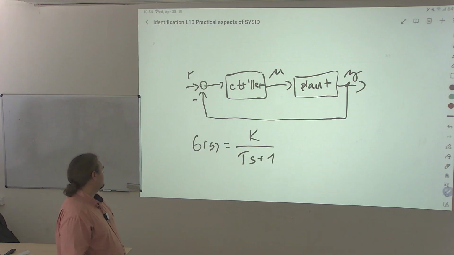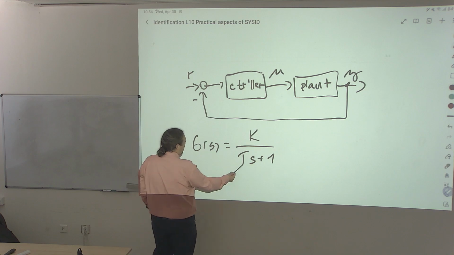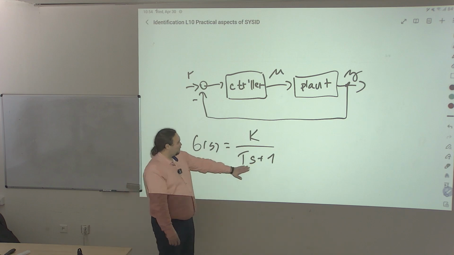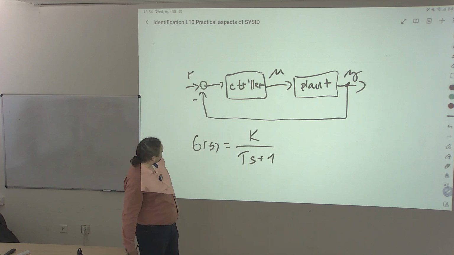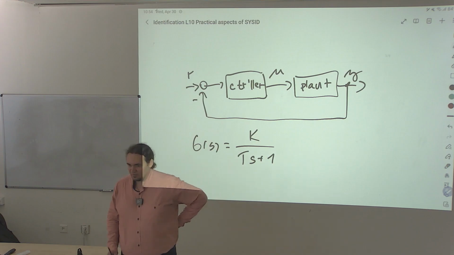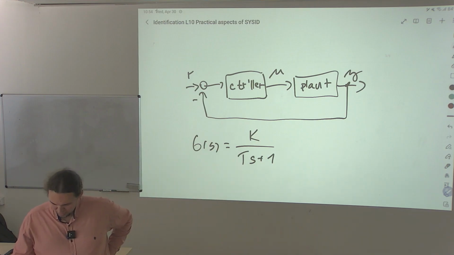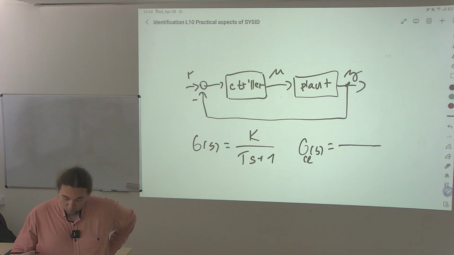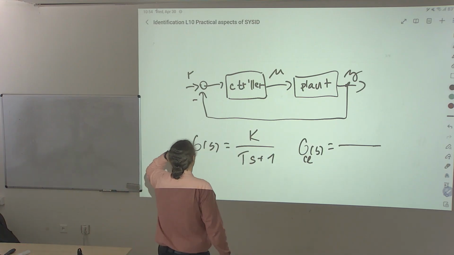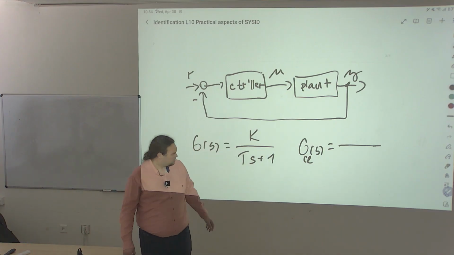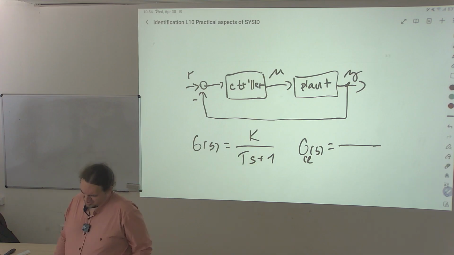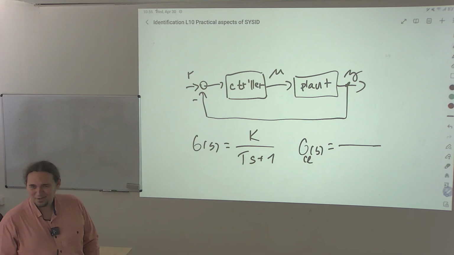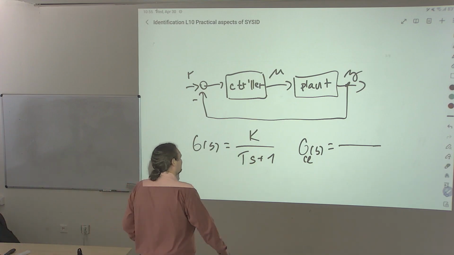Let's say our time constant T would be negative, so our pole is positive, we can get the closed loop. We still have the unstable plant. Well, we now add some controller. I don't want to derive it, and I also do not remember it.